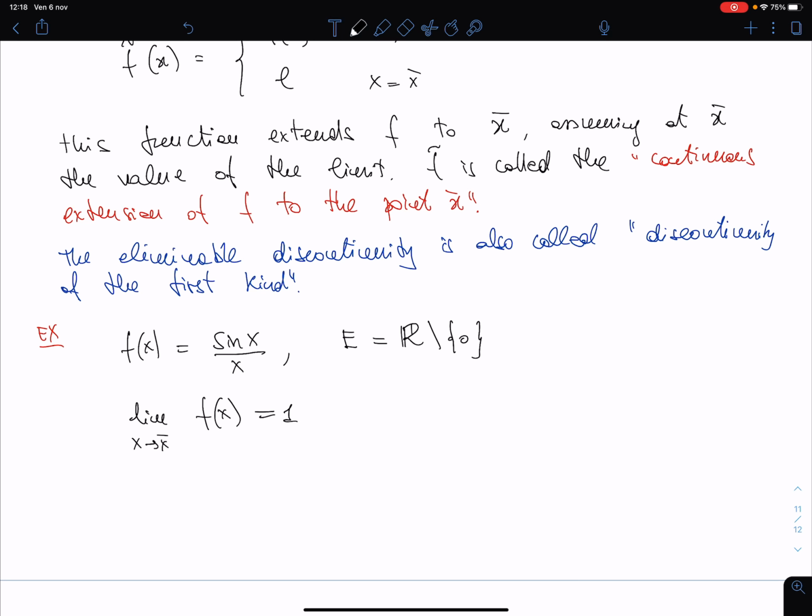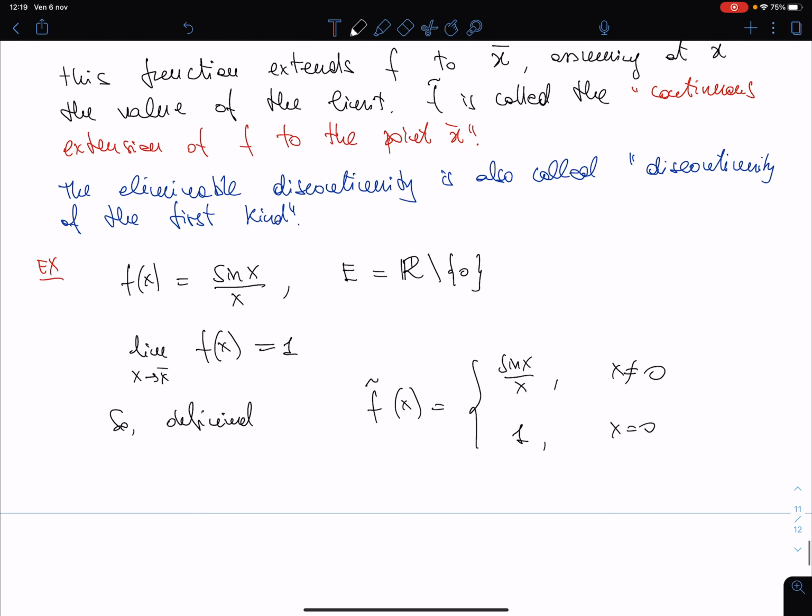So defining f tilde of x as sine of x over x for x different from 0, and 1 for x equal to 0, we construct the continuous extension of f to the point 0, or to the whole of R.